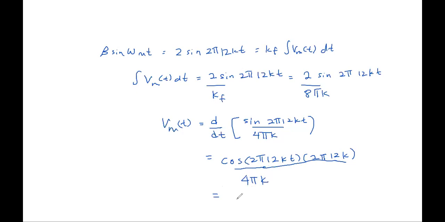We got our vm(t) is equal to 6 cos 2 pi 12k t. So this is the time domain expression of our message signal.